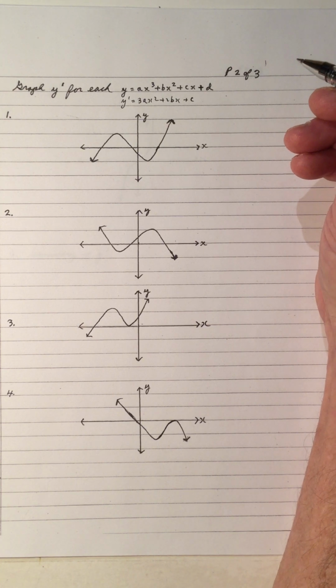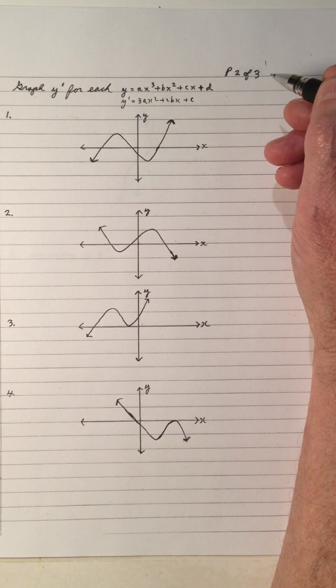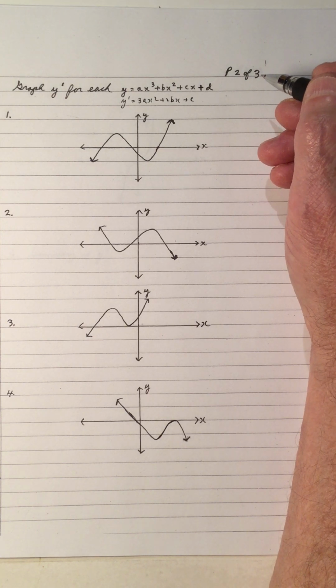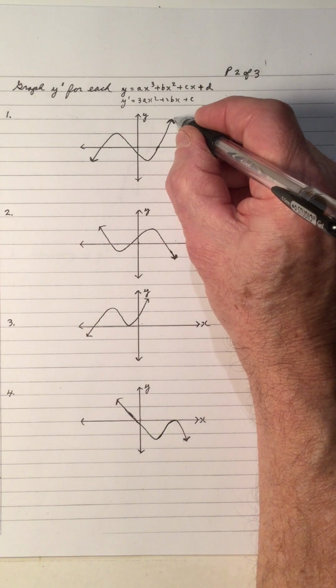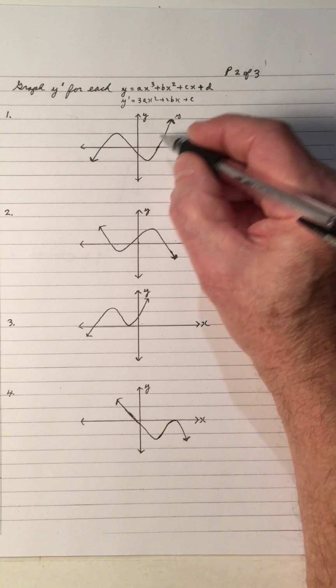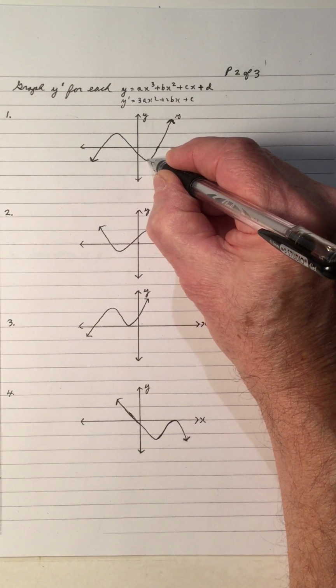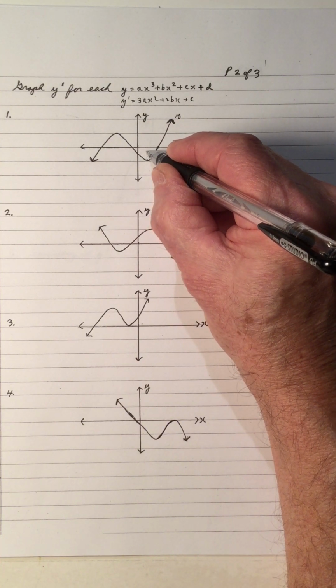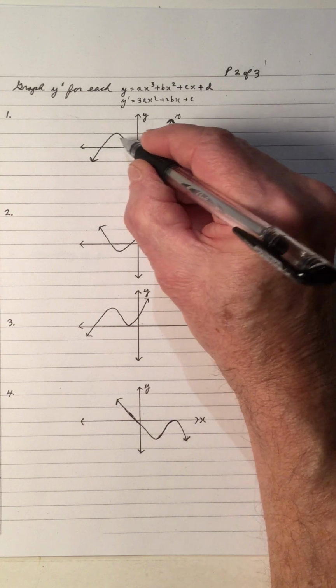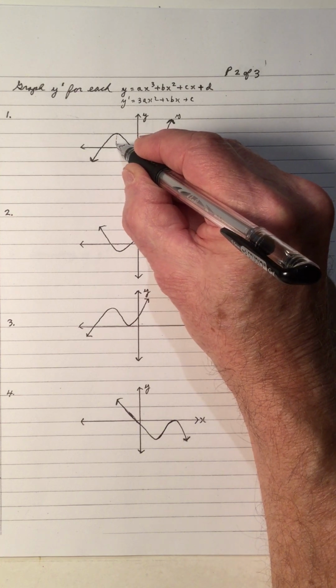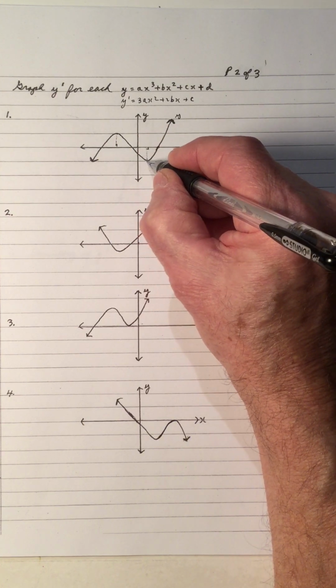I'm going to use a red color for the derivative. So if this is the graph of y, this is the maximum point, so you drop a perpendicular down to here, and you drop a perpendicular to here, because this is the minimum point.